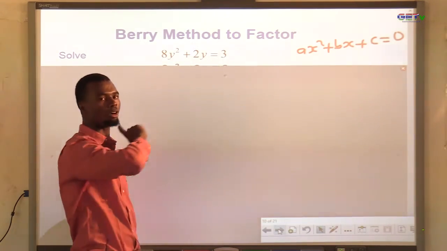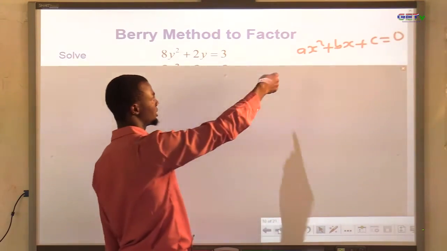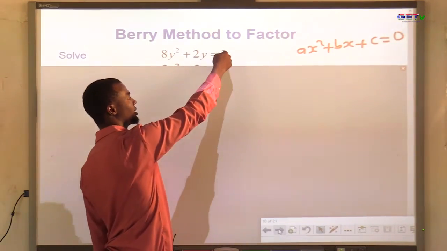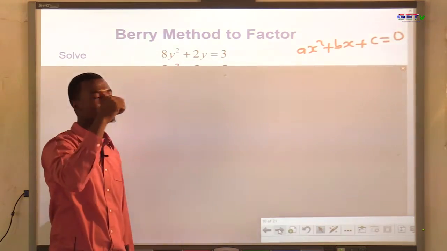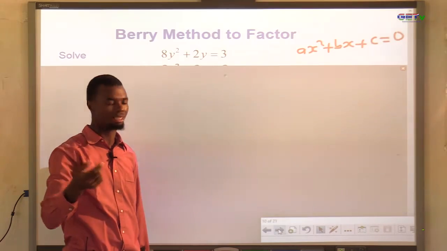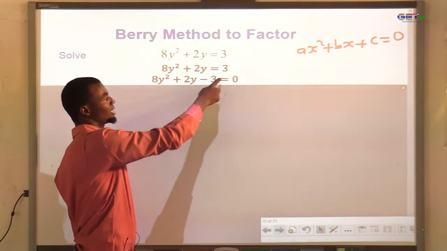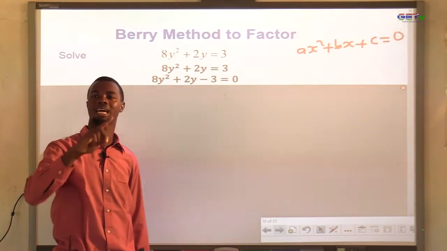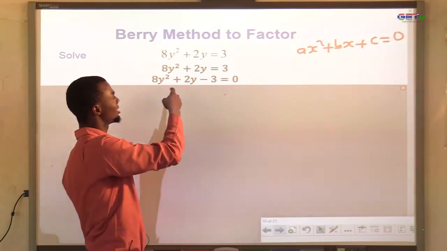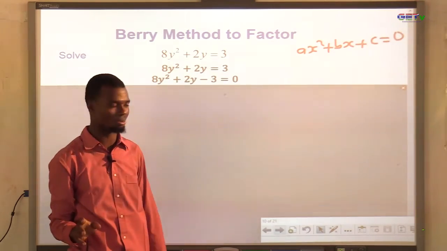It is not in that form, but we have to take it in that form by transposing this 3. What is the sign for 3 here? It is positive. When we transpose, the sign changes. That is what happens here. We transpose the 3. That is why the sign changes. So you will have 8y squared plus 2y minus 3 equals 0.